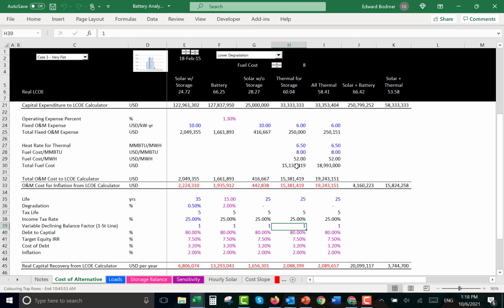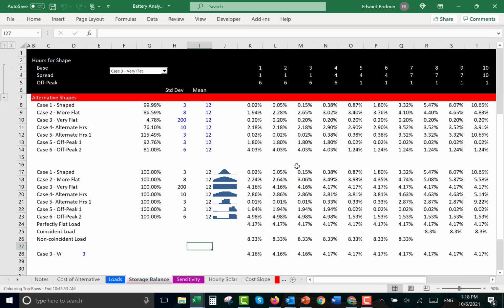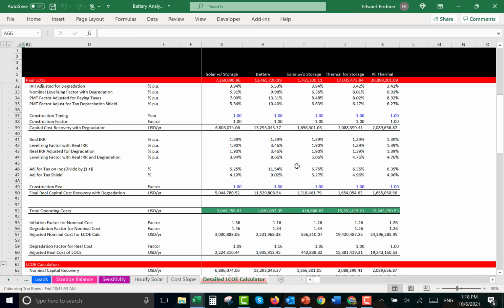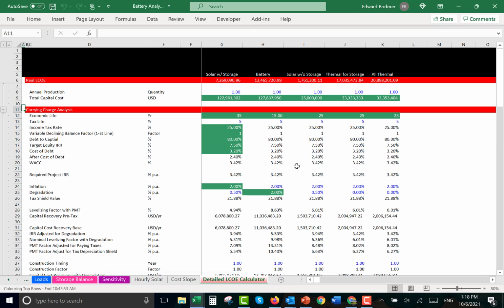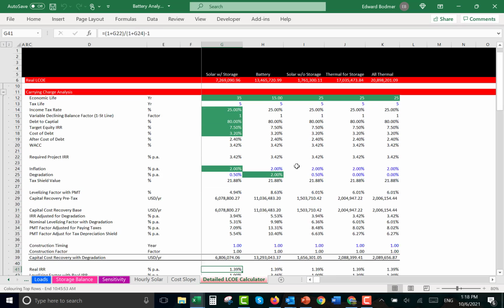Okay, and mechanically, here's what I did. You can see when it's red, it comes from the red sheet. I went crazy. And in this red sheet, there were some numbers where we did all the detailed calculations for the cost of capital and the inflation and everything else. I've gone through that elsewhere, so I'm not going to repeat it.